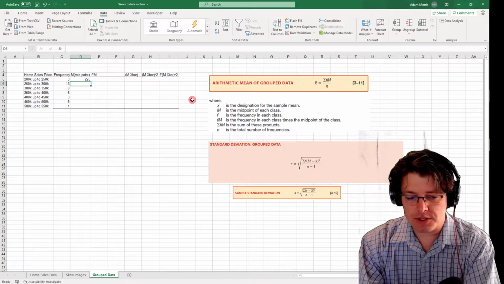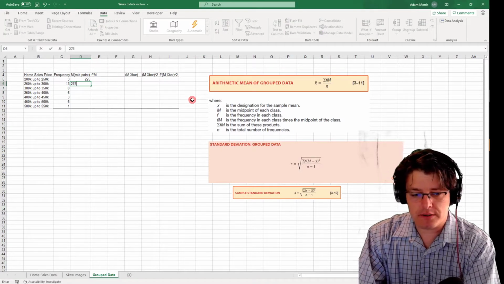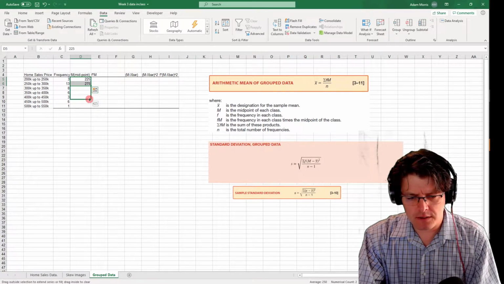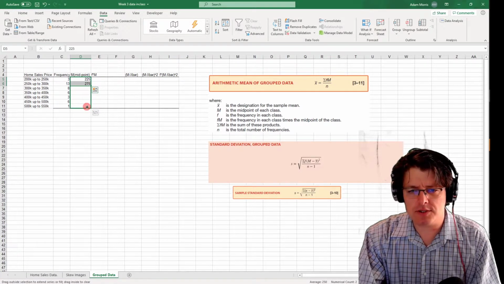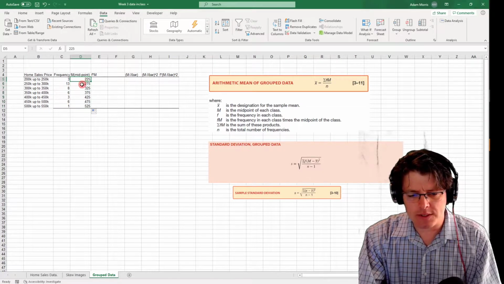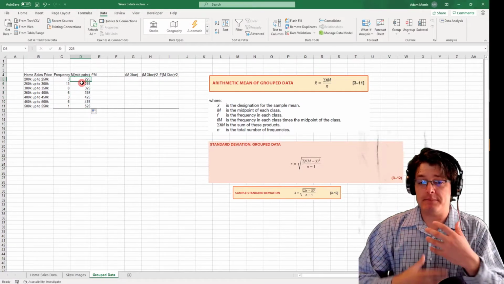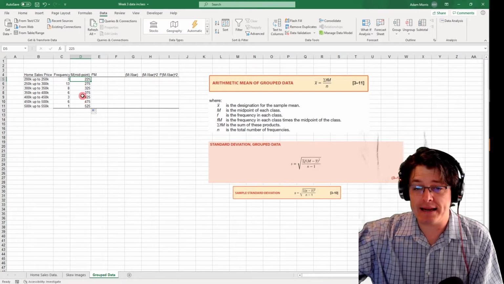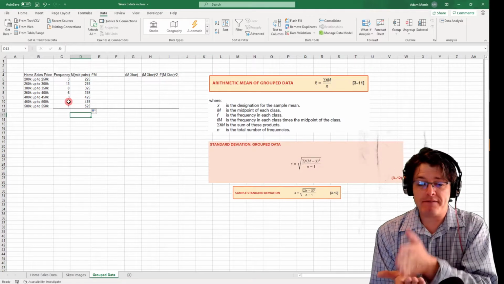And similarly, between 250 and 300 is 275. So Excel is pretty good at picking up patterns. Once I had 225 and 275, I was able to grab both of those and drag down, and it could see that I was simply adding 50. Okay, so now we have a midpoint, right?